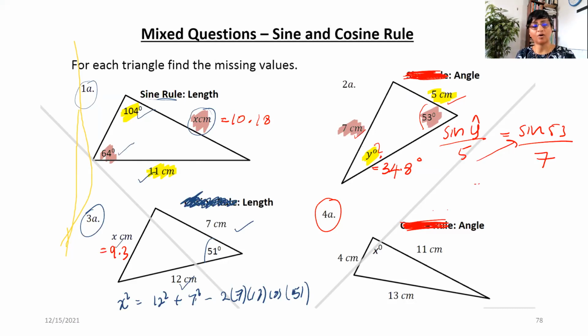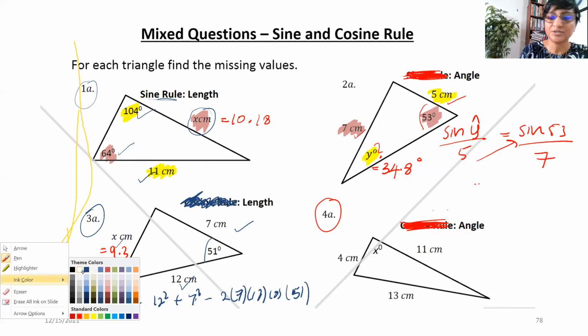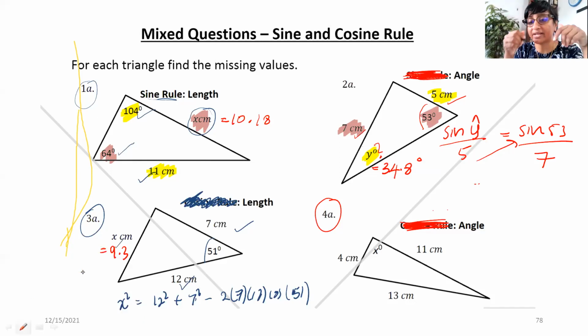There you have all three sides and the angle. So you can't use the sine rule. Yeah, it is the cosine rule. Now you want to find x, so you start with cos x equals.